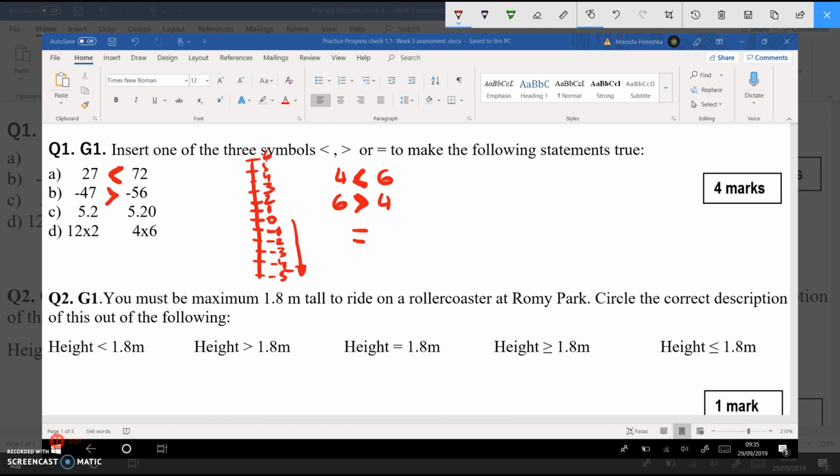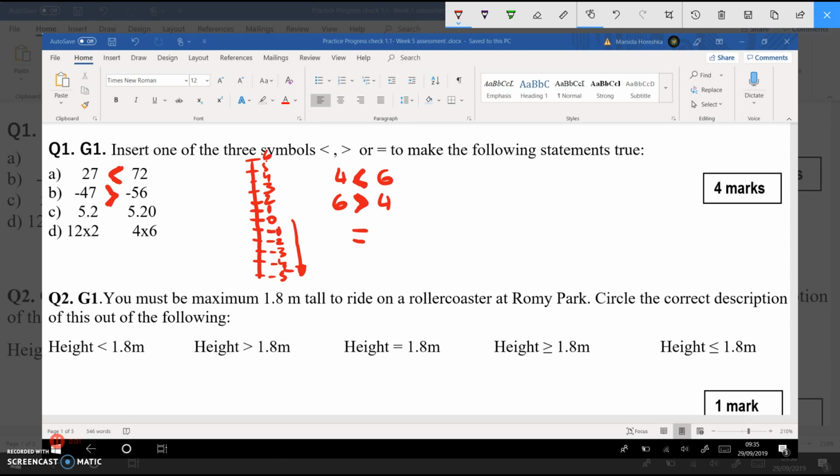So we'll need to use the greater than symbol, and it is read as minus 47 is greater than minus 56. So it's facing the bigger number, but it's pointing at the smaller number.